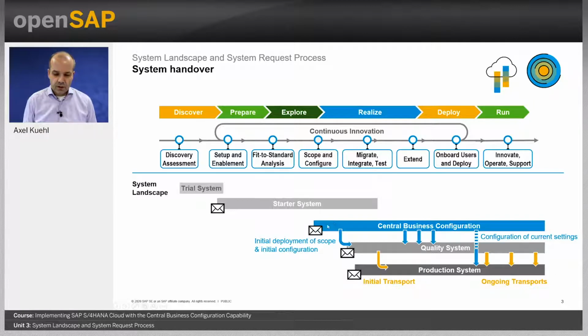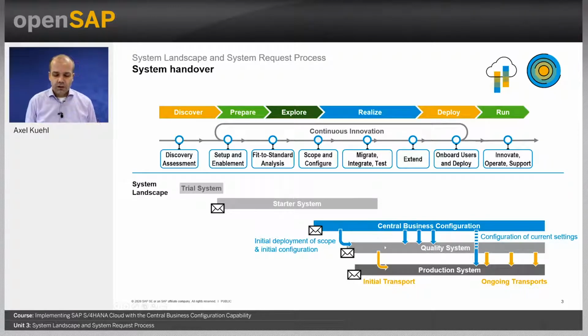If the customer now enters the central business configuration, he can start scoping his solution and do some configuration changes like FlexOrg. Or, if he received a given state guided by the project experience, he can request a quality system out of the central business configuration, in short CBC.